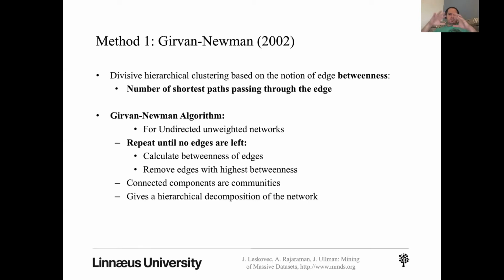And then you end up having more and more clusters. So instead of having less and less clusters, as we had before, we start with one, and then we gradually get more and more clusters. And when I say clusters, I actually mean communities, right? Because it's more or less the same thing, but for networks.